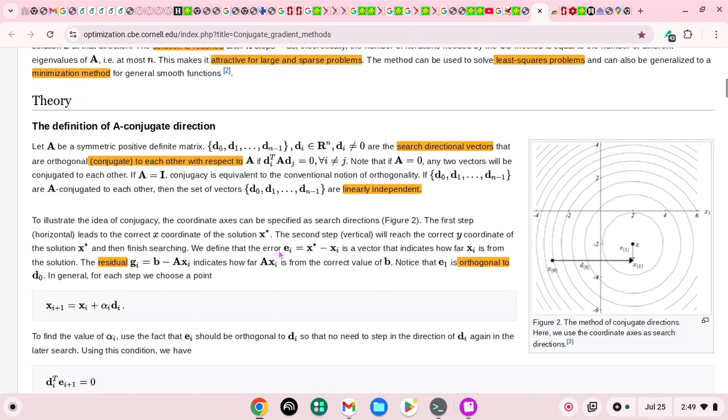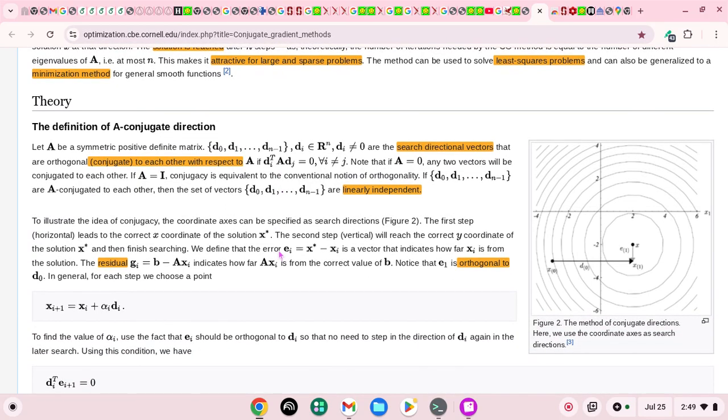Once we have these n linearly independent vectors, the solution, which is also an n-dimensional vector, can be expanded in these n linearly independent directions. For the ith step, we use only i of the n linearly independent vectors, which is a subspace of the n-dimensional space.